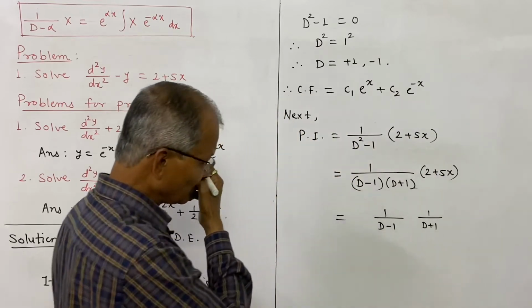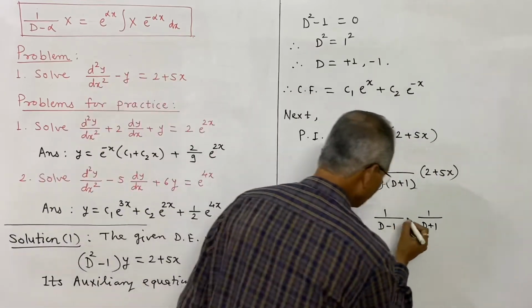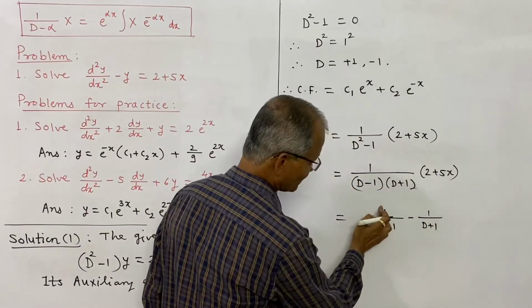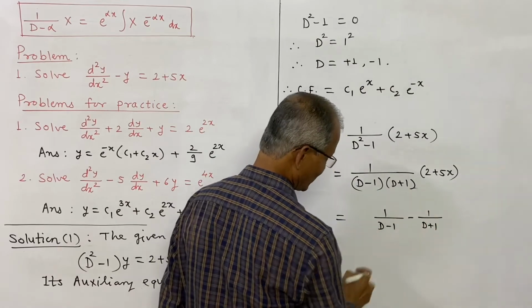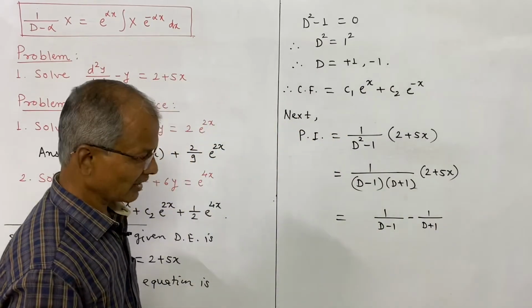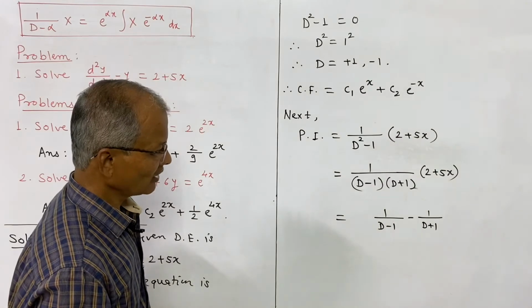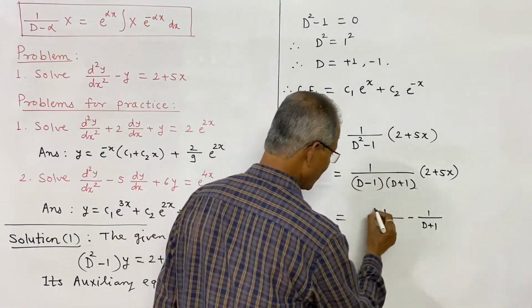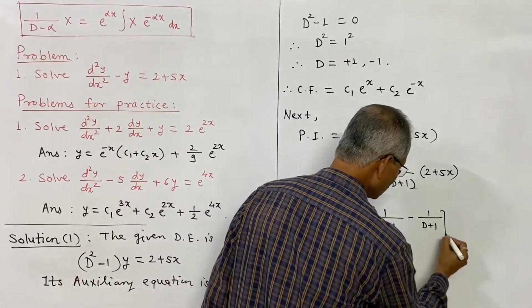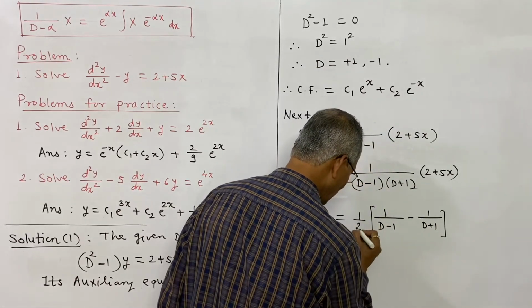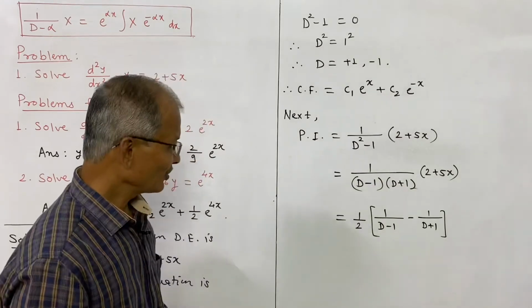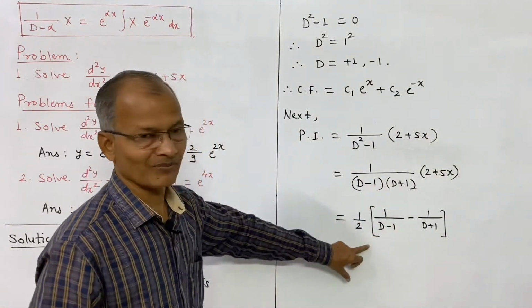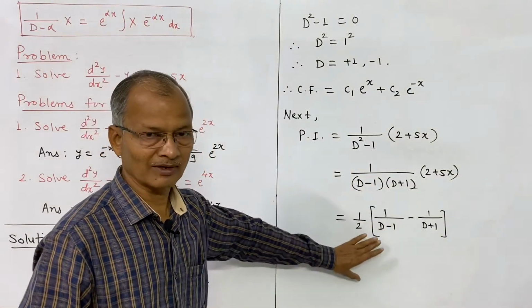If I write the negative sign in between, then this will be d plus 1 minus d, minus of minus becomes plus 1. So d cancels and what remains is 2 here, but there is no 2 and that 2 is to be divided out. For that purpose I write 1 by 2. You note this is exactly the same.